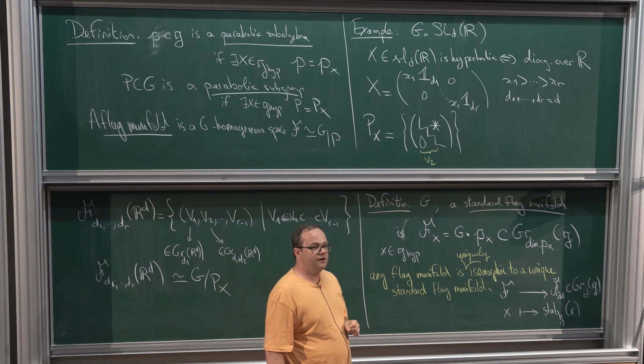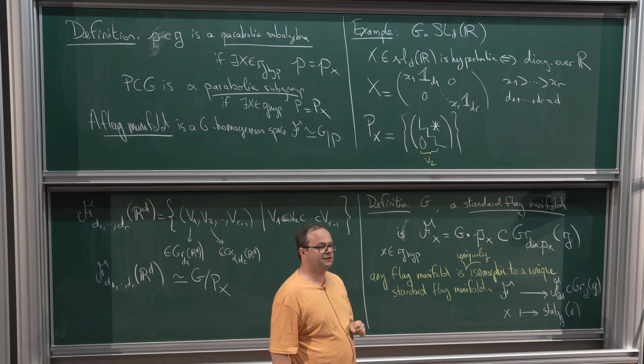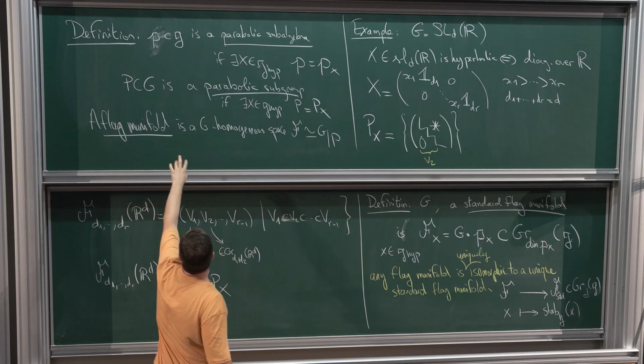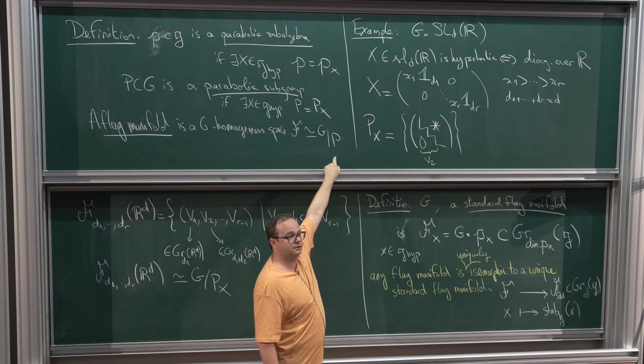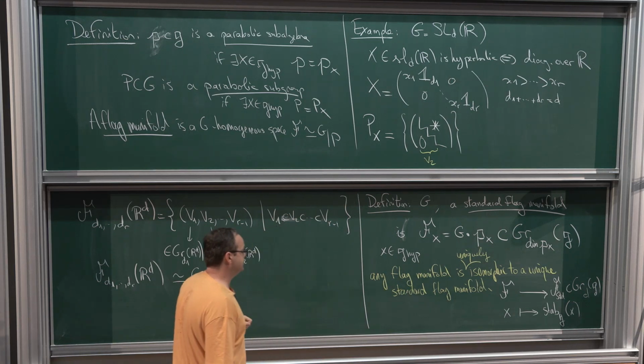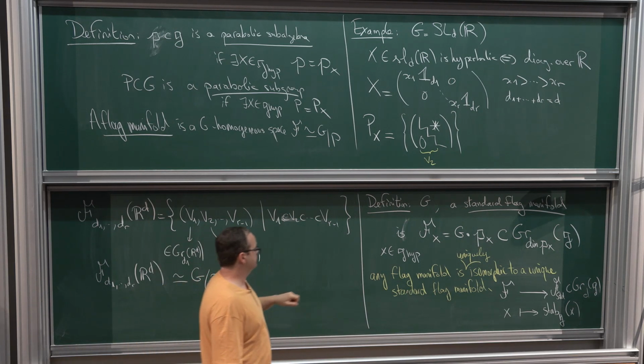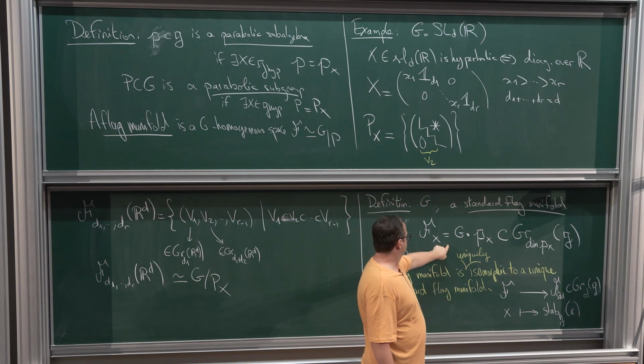Yeah. I don't understand. What is the flag manifold? A flag manifold, in general, is a homogeneous space whose stabilizers are parabolic subgroups. Yeah, but I mean in the standard flag manifold definition, because Fx, you say it's a subset of the Grassmannian. Yeah.